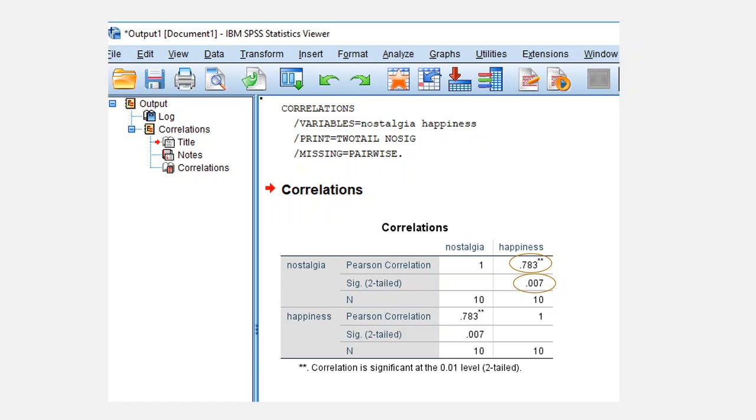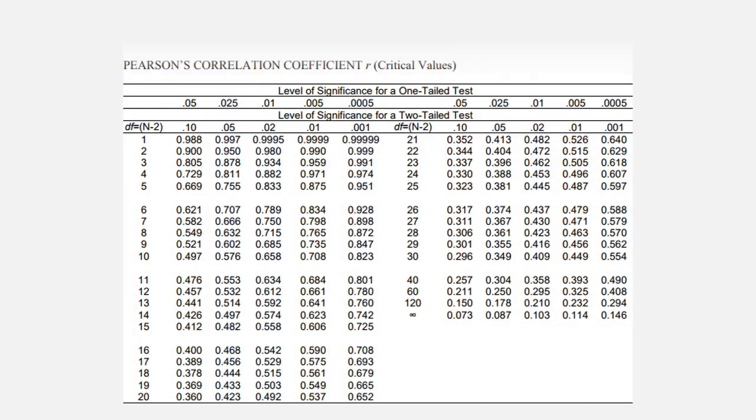Yes, to achieve significance, all you need is to make it past that p equals 0.05 cutoff, but this specific p-value of p equals 0.007 actually means something in mathematical terms, and I want to make sure to explain that to you. This r value exceeded p equals 0.05, but it even exceeded p equals 0.01. Right? That p-value is even less than 0.01. That means that it's not just significant, it's what we would call highly significant.